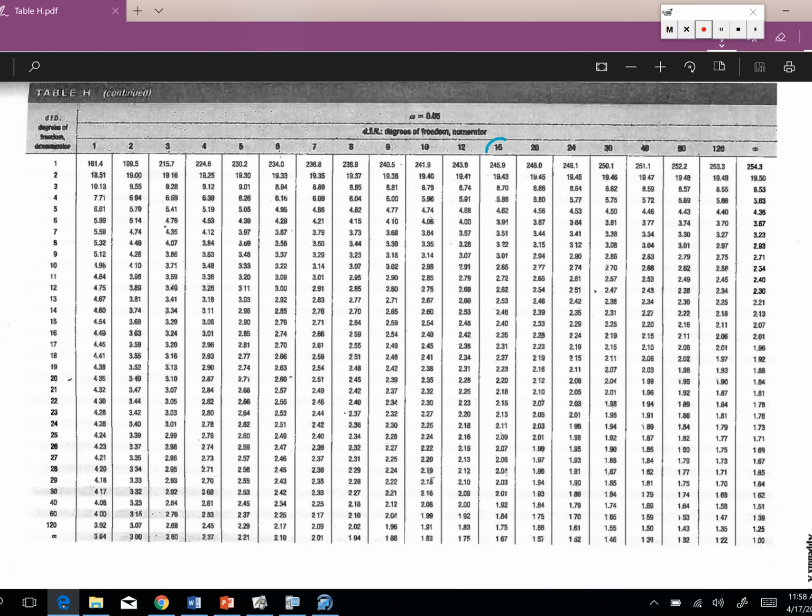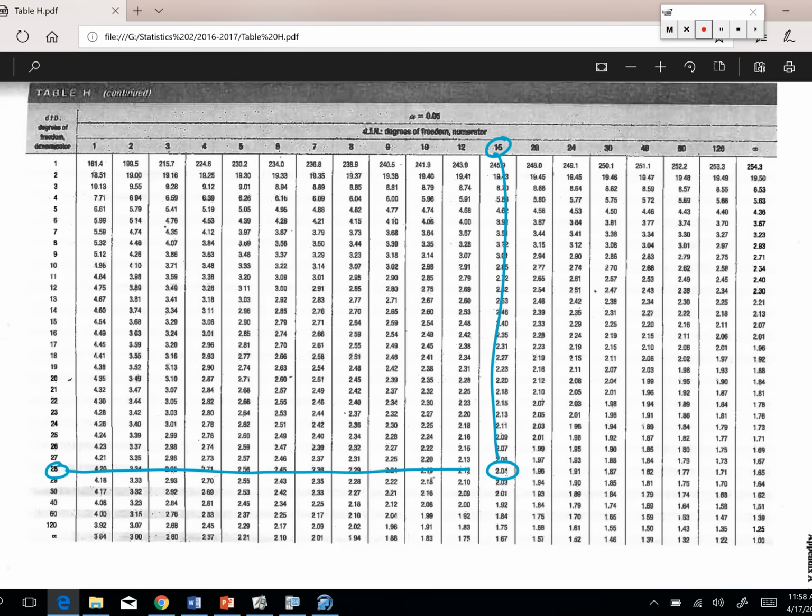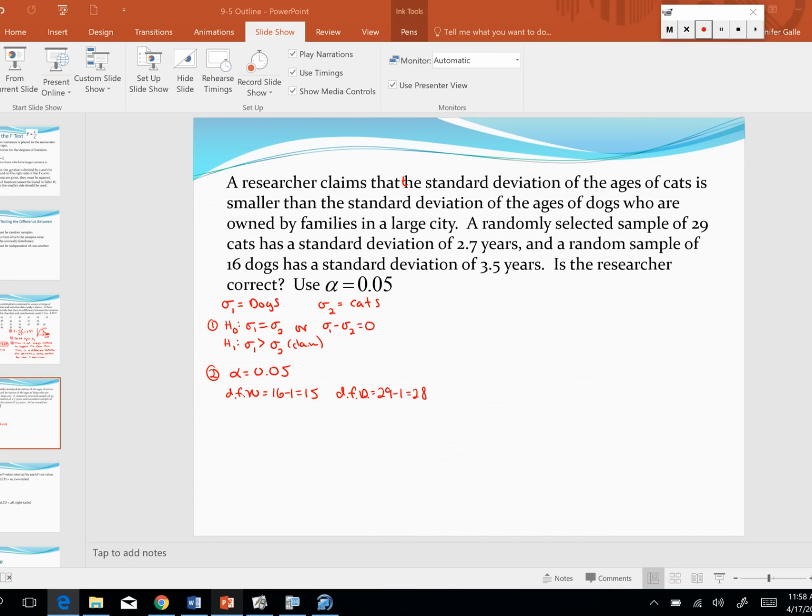And our table does actually have a 15. Degrees of freedom denominator, 28. And we're lucky we do have a 28. We go over, we go down. Oh, mine's a little smudged there. Is that 2.04? Yeah? Okay, thank you. So 2.04.